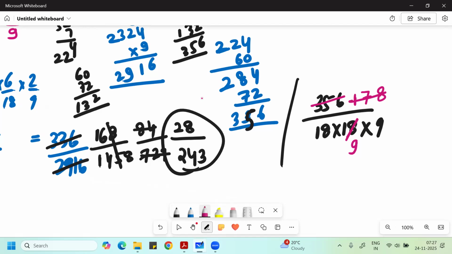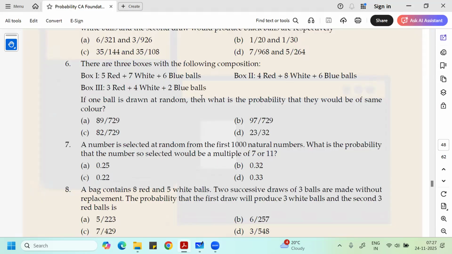Again it will go by the 2 table: 89 by 729. So this is 89 by 729. Answer is option A. So for the sixth question, the answer is option A.